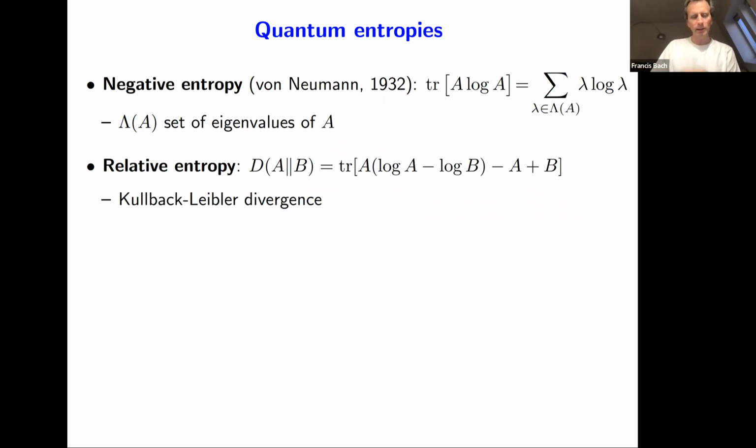So it's the difference between the function and its tangent, and you get the relative entropy, which is related to the KL divergence, as you would see similarly in information theory.